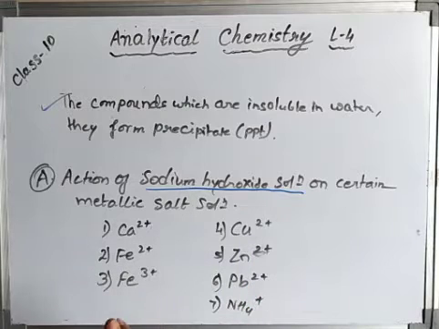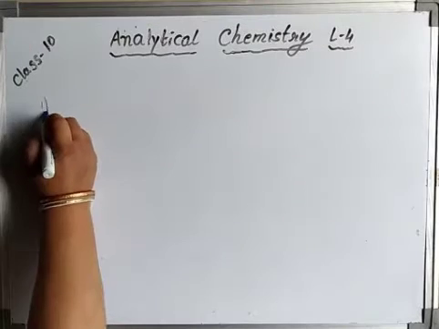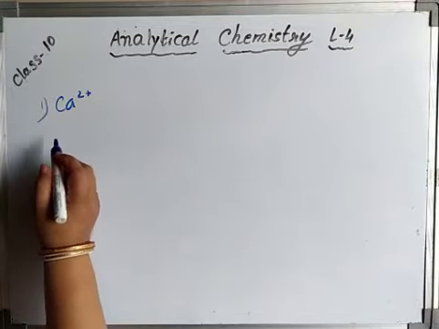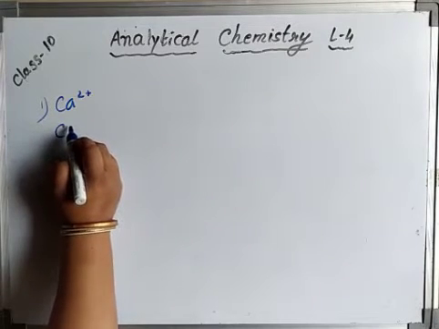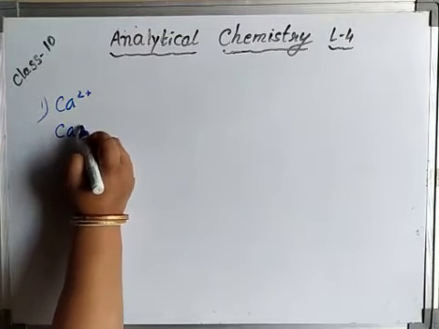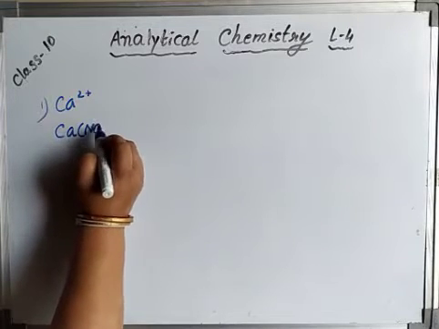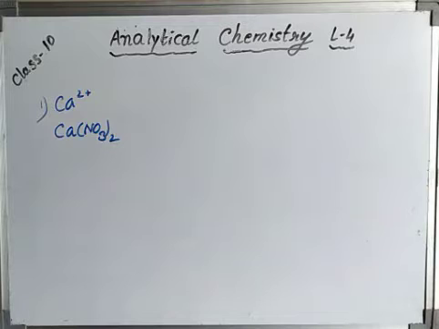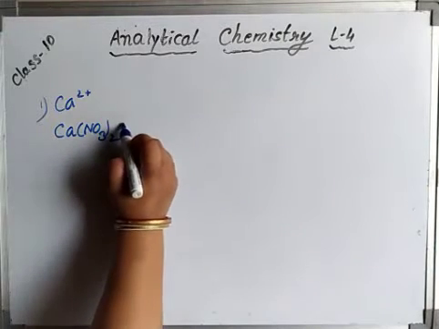The first reaction goes with calcium. How does calcium react with sodium hydroxide? Let us take any example. A soluble salt we have to take. Calcium nitrate I am taking, because you know that all nitrates and nitrites are soluble.